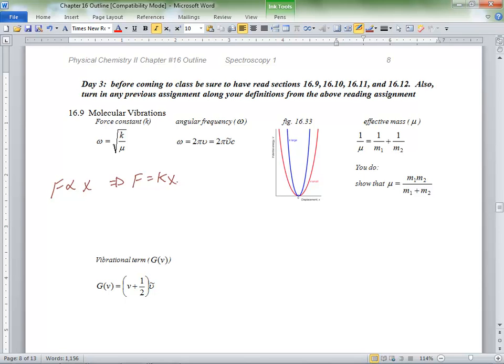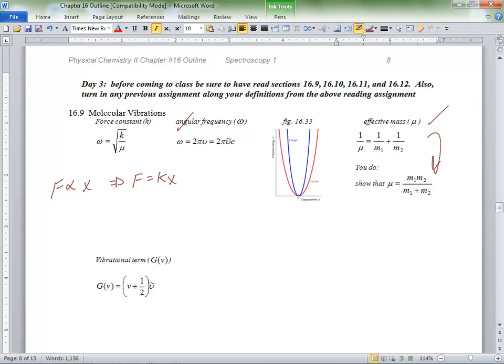They're trying to model chemical bonds after what you see right here. We're talking about vibrations, and that's what this is all about. We had angular frequency, and this is kind of review. We had this in concept previews in the past, so I'm not going to spend a whole lot of time on it. We talked about reduced mass, and I think you even did this once before.